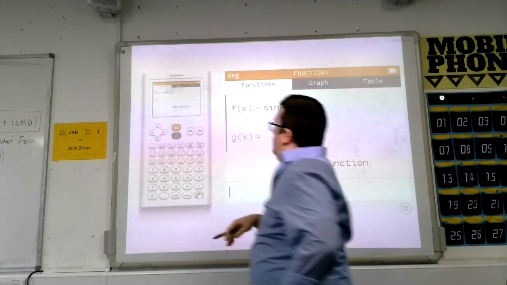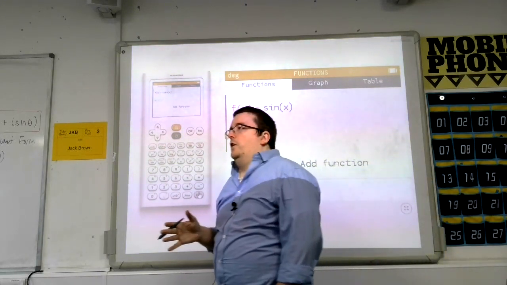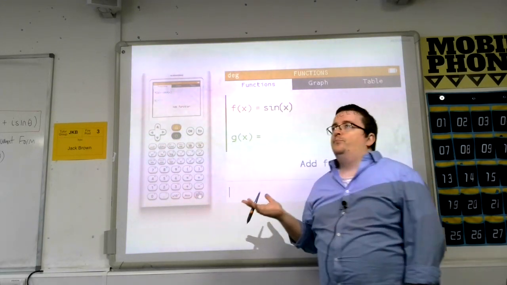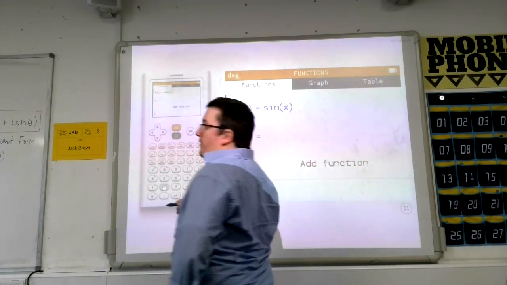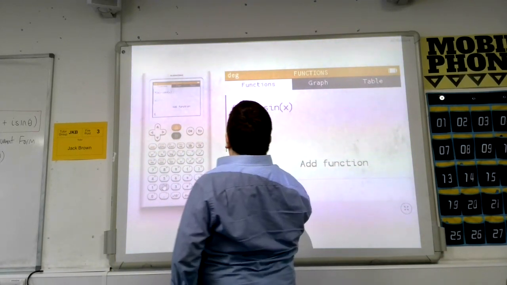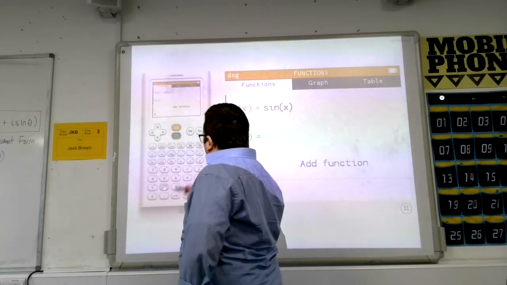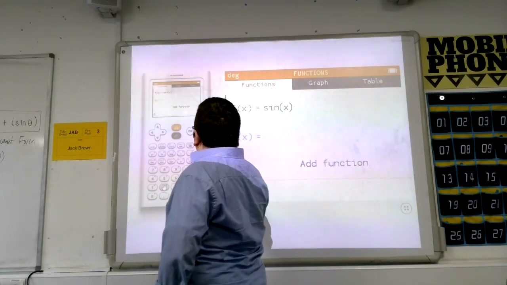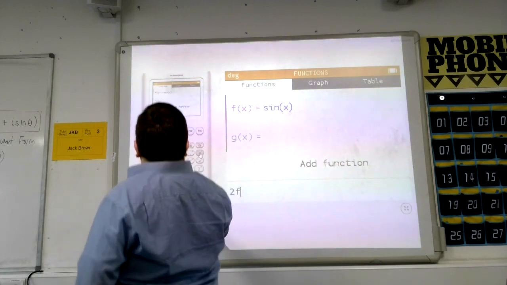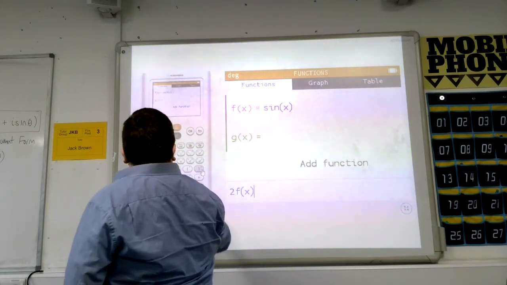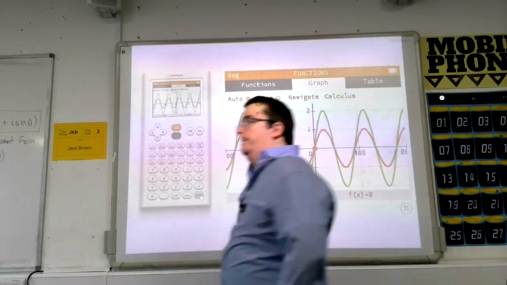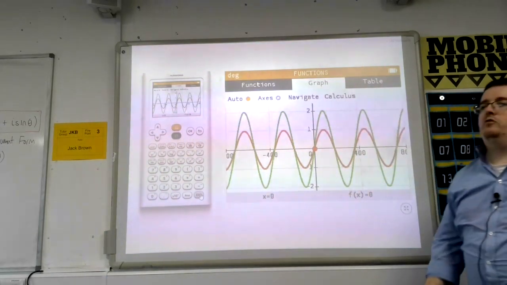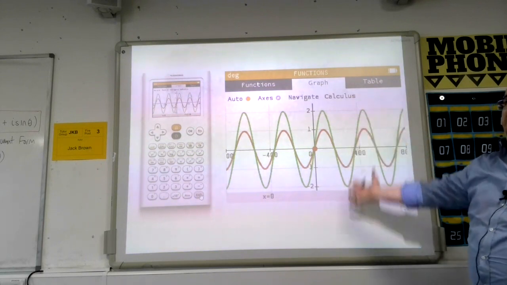If I'm going to add a function, let's say 2f of x, for example. So on here I can do 2f of x and then you can plot your graph and you can see that it's been stretched parallel to the y-axis factor 2.